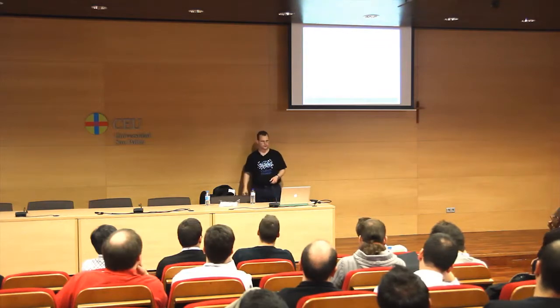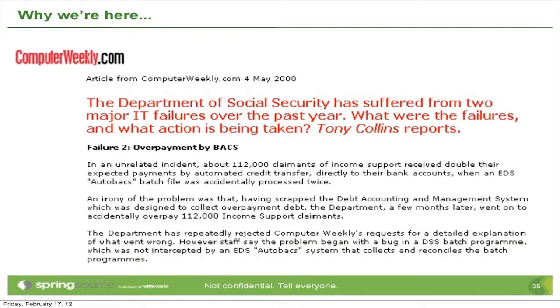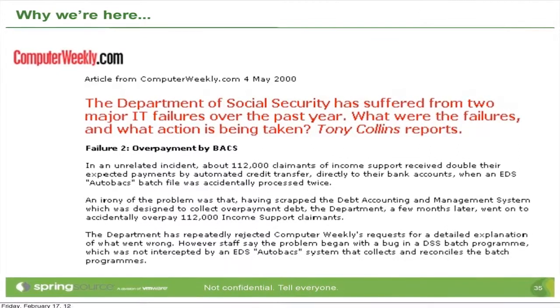Quick introduction. Basically, the Department of Social Security, and I think this is in the UK, but it might be in the United States, has suffered two major failures. This is 2000, 10 years ago, 12 years ago. Can't believe that. Some people were overpaid.